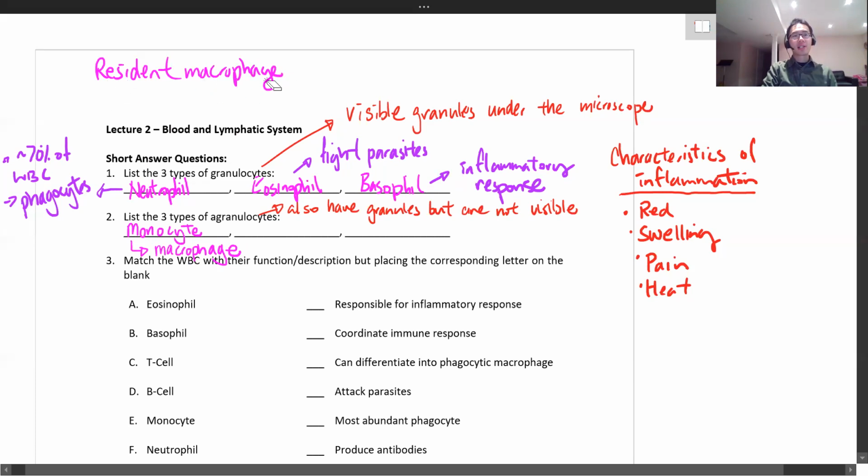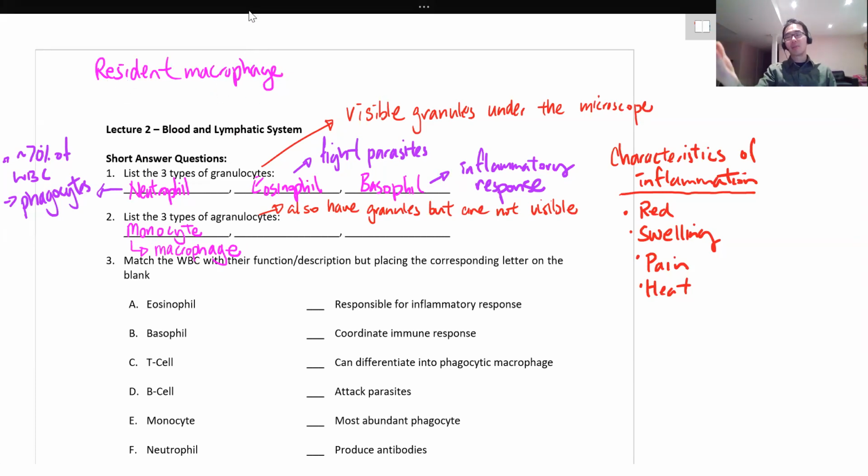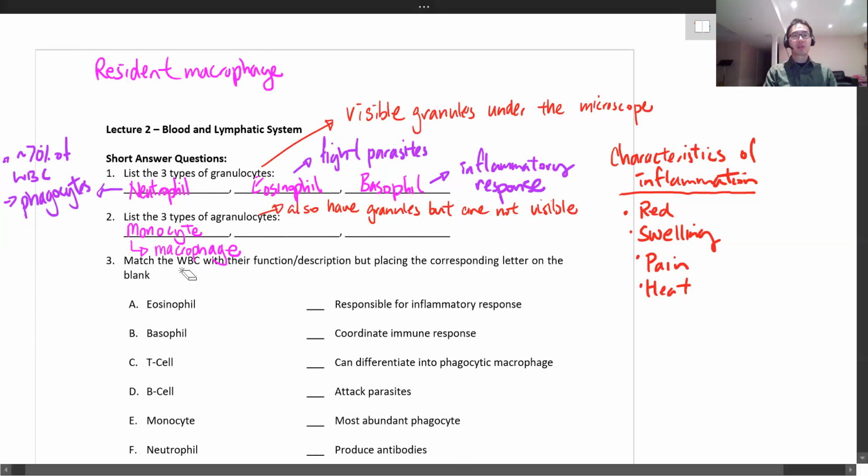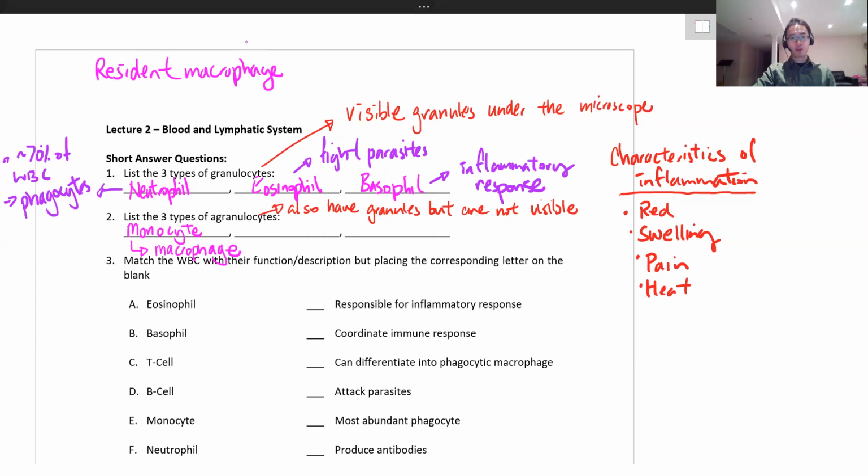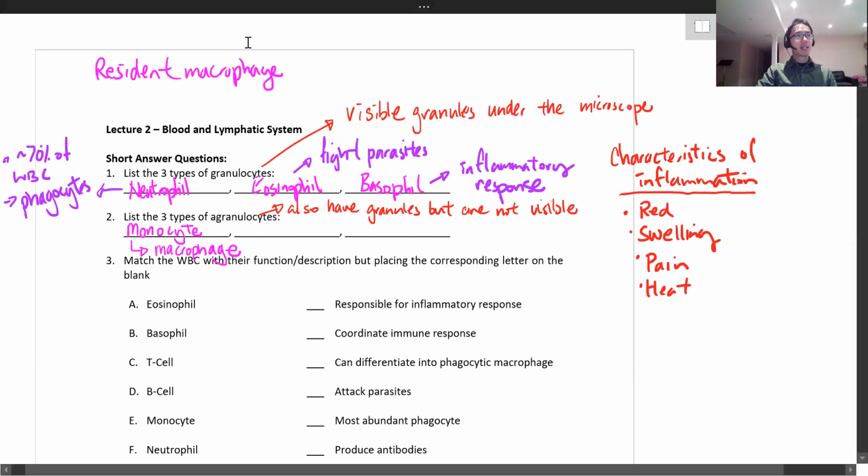It's always in the form of macrophage because your body anticipates pathogens coming in. You breathe them in, they will be ready. Rather than waiting for monocytes to become the macrophage, they are there ready to clear out any invading pathogens. Another two examples of agranulocyte. Anybody?